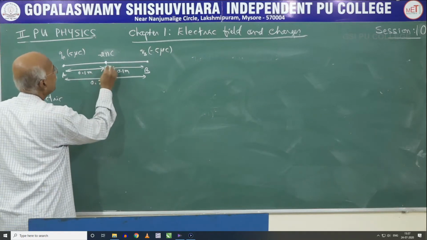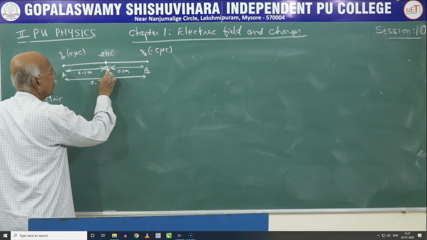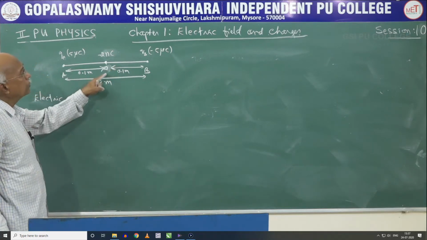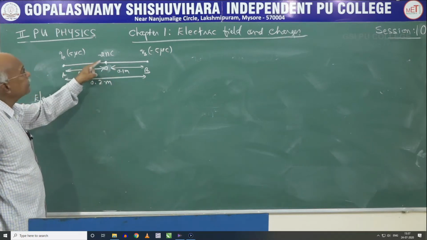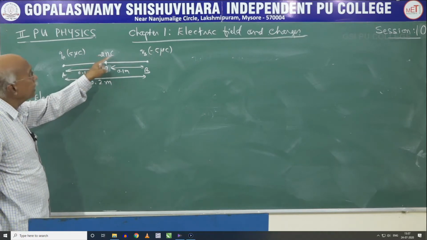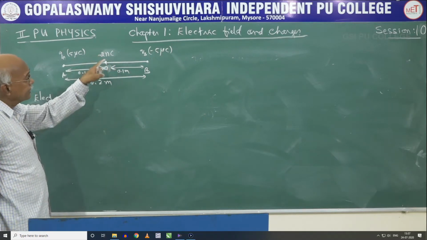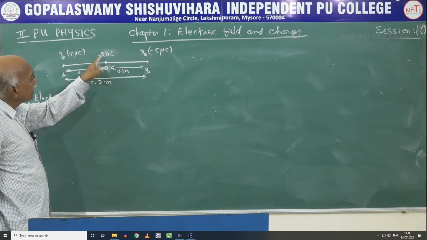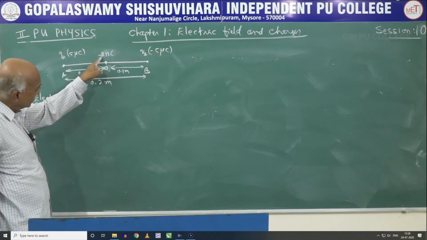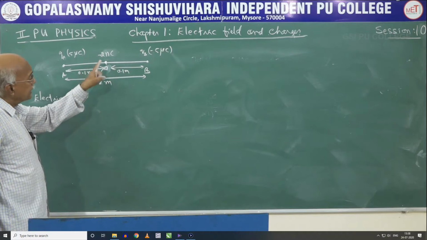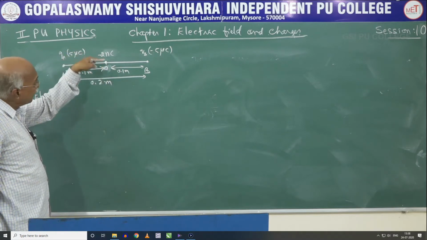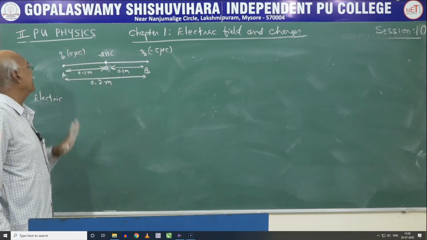So this is the point of reference wherein O is the midpoint. At this point O, we have introduced a charge whose value is equal to minus 2 nanocoulomb. Here it is the electric force which is asked, not the field.